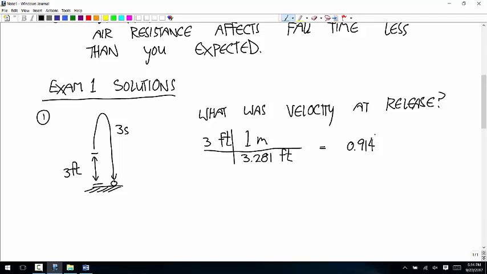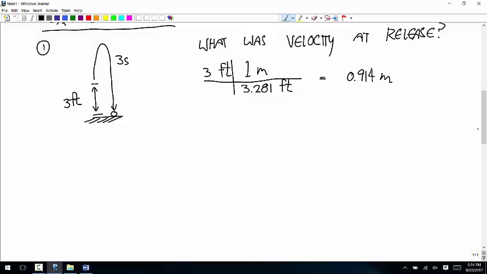0.914 meters. And now time equals 0. I'm going to choose the instant that it's released.